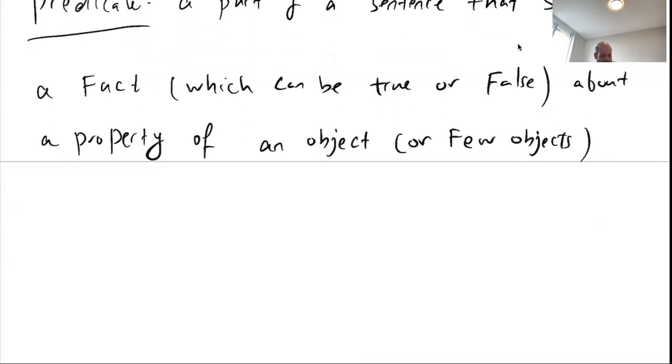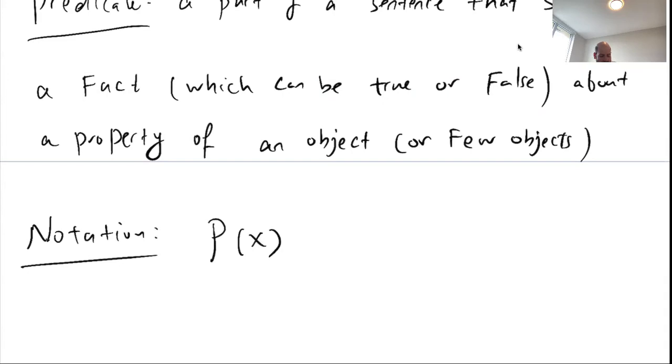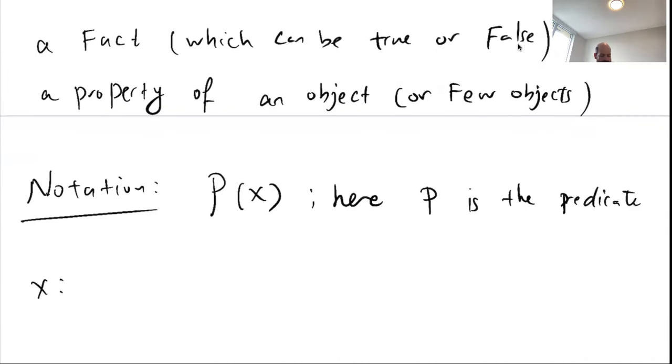So the notation here would be P of X. Here, P is the predicate and X is the object in the context.